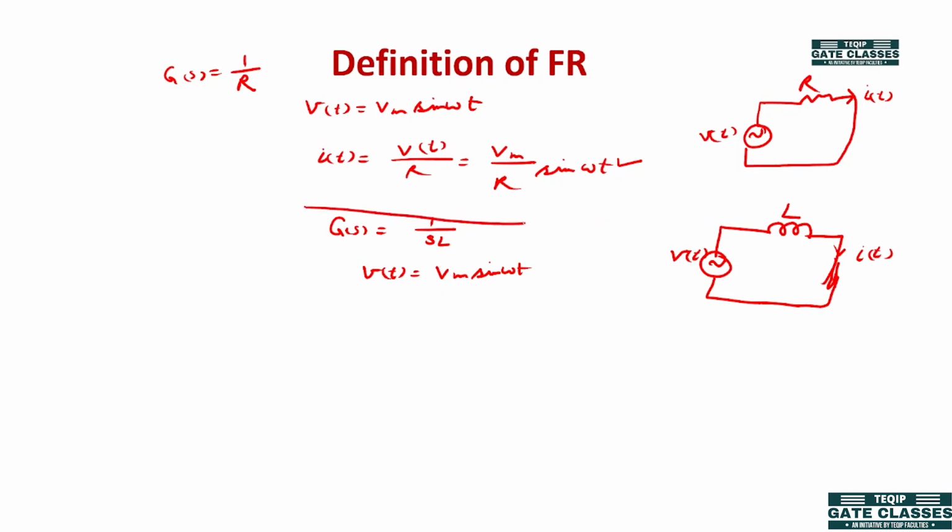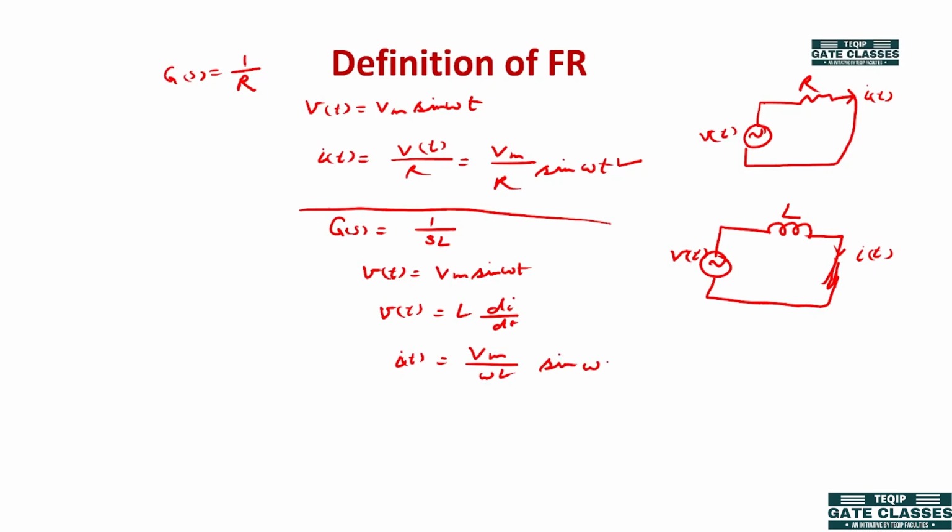Here we know v(t) is equal to L di by dt, and if we consider initial conditions as 0, then we get i(t) equal to Vm upon omega L sin(omega t minus pi by 2).